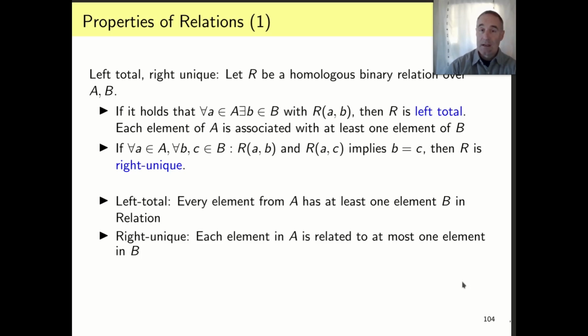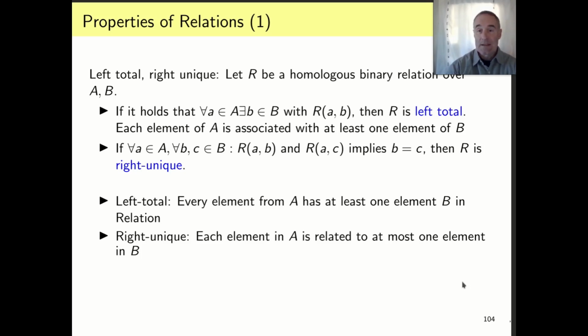Let's introduce some more terminology, I should say. Left total and right unique. So if R is a homogeneous binary relation over A and B, then it's true that for all a in the set of capital A, there exists some b in the set of capital B, such that R holds between a and b.